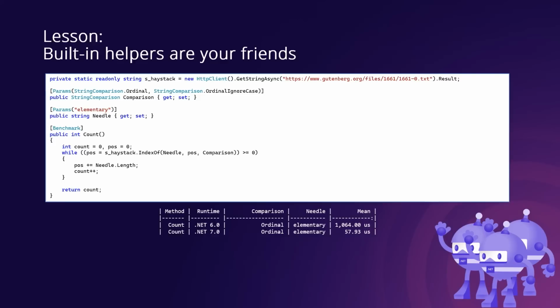So a huge improvement there. It's a 20x. Because we're doing a better job of figuring out exactly what to search for and how to vectorize that search. Similarly for ordinal ignore case, we're also employing a better form of vectorization now, and so this also gets about four times faster.